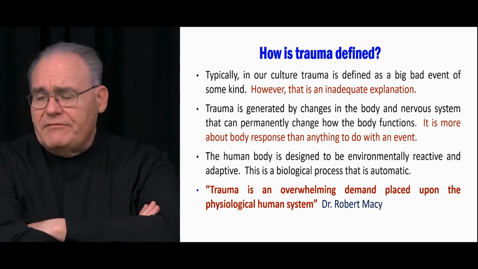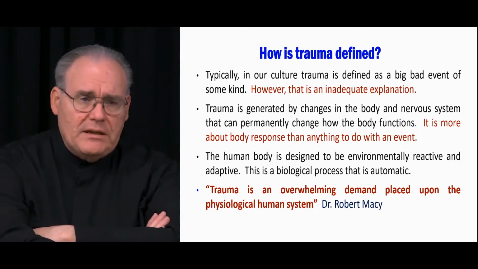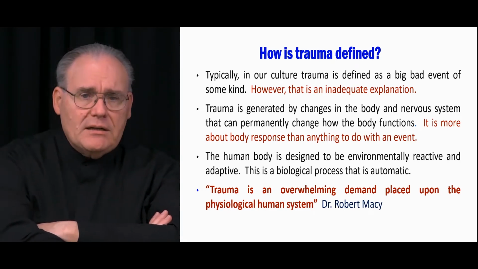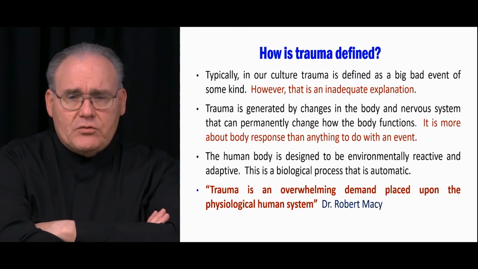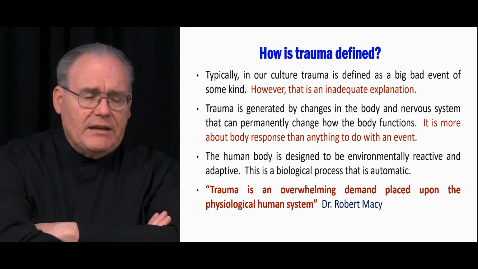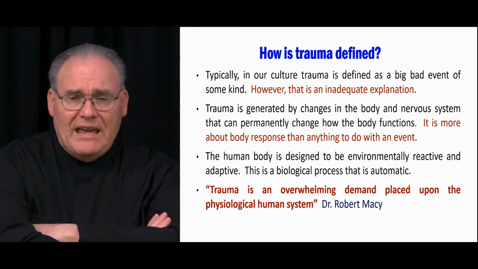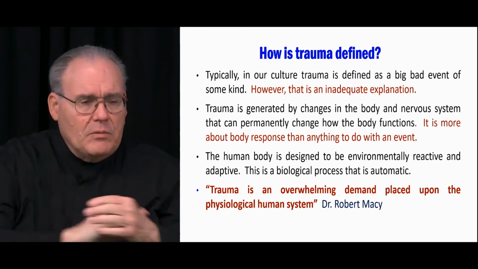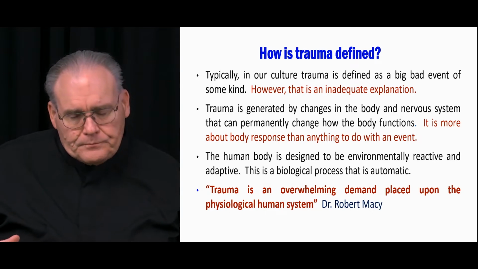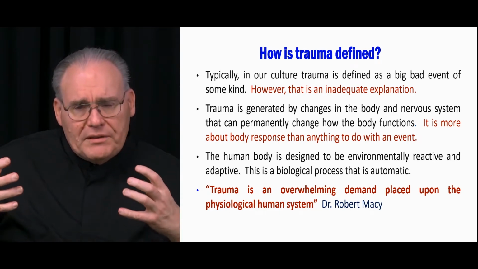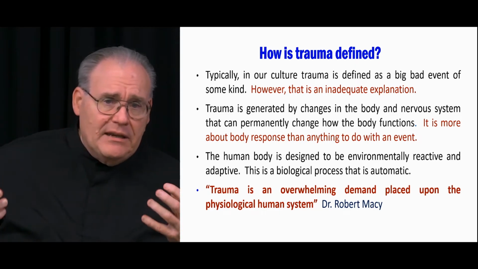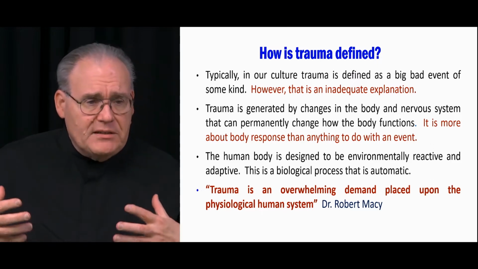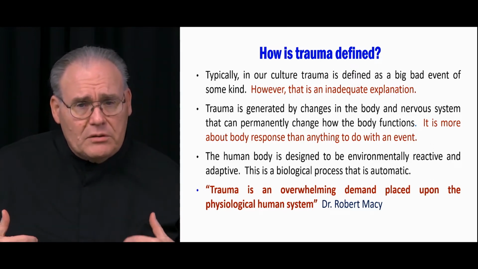How trauma is defined is also kind of an important piece. Typically in our culture, when people say trauma, they're identifying it as some kind of big bad event. However, that's really an inadequate explanation, because trauma is more about what the body is experiencing in an environment, whether that's an internal environment or an external environment.